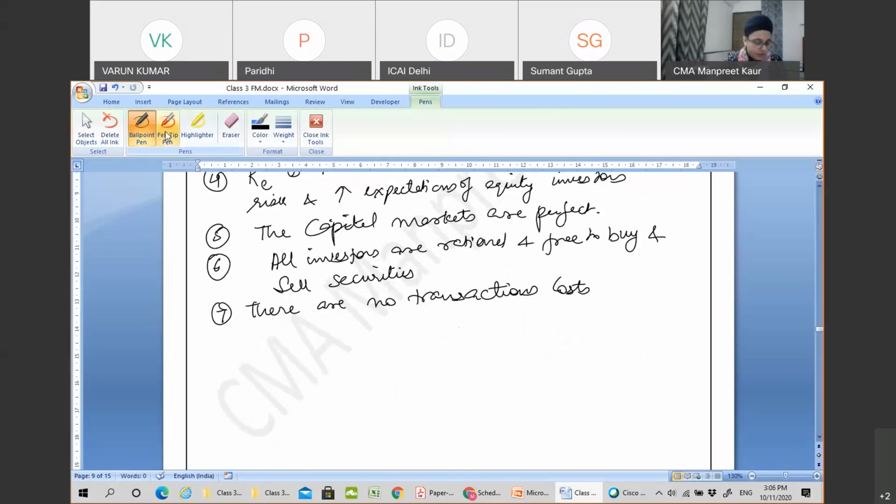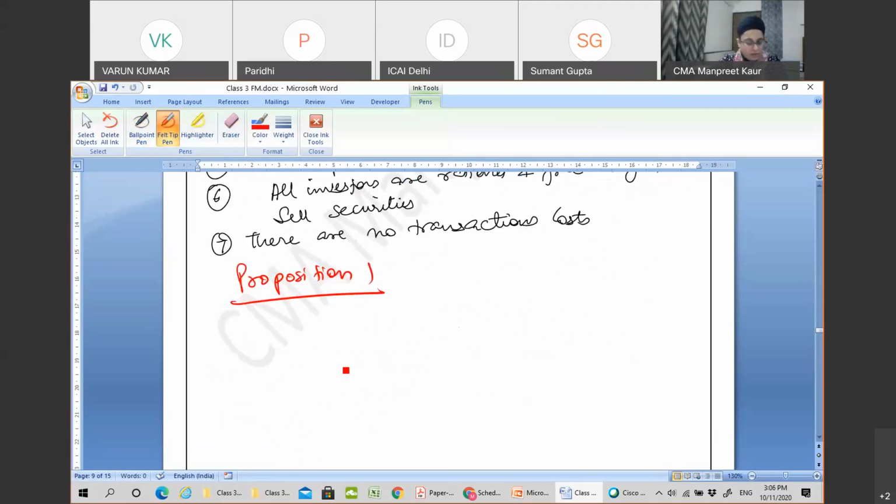So first is proposition 1. Proposition means first method. Market value of firm is equal to NOI upon KO.